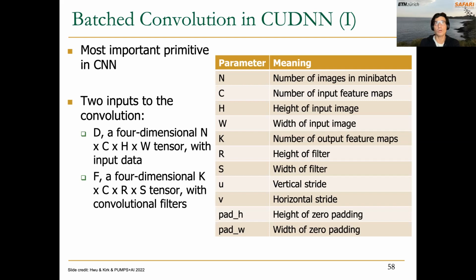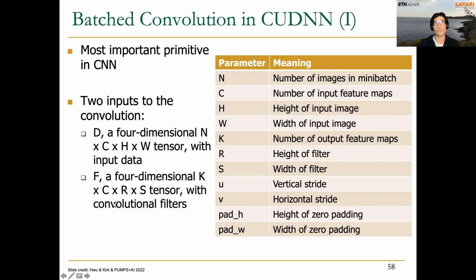That's why we talk about batch convolution. So we have N images in the mini batch. Each of the images has C channels or C input feature maps, and the dimensions of them are H times W. As you can see, the naming of these different parameters changes a little bit with respect to the previous slides, so pay attention to that.